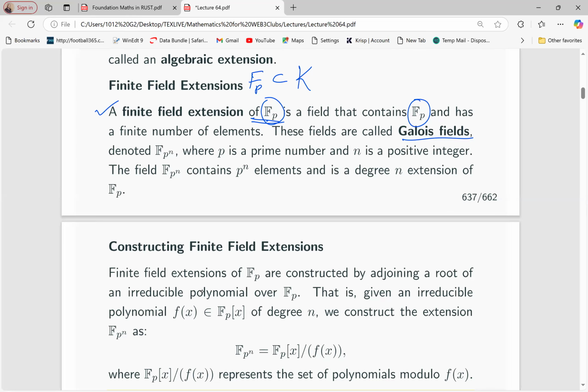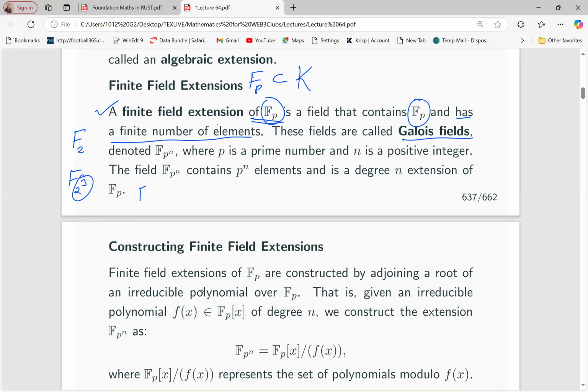And again, we've said that if this is the base field and you're creating this extension out of this, the number of elements will be 2 raised to 3, which is 8, for instance. This finite field will contain the base field and also has a finite number of elements. For instance, this one has 8 elements.